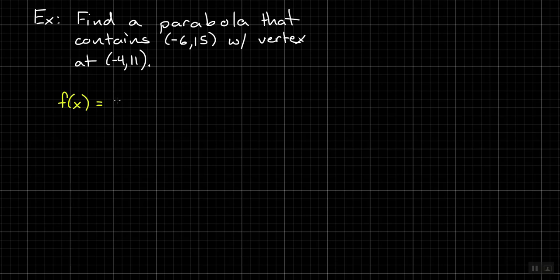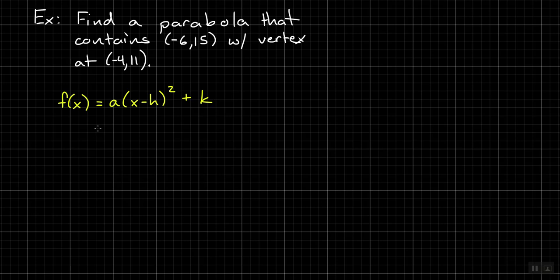Or vertex form, or graphing form, whichever one we wrote down for today. Perfect. Now, this is the form, if you know the vertex, that's easiest to work with. What am I going to plug in for h and k here?